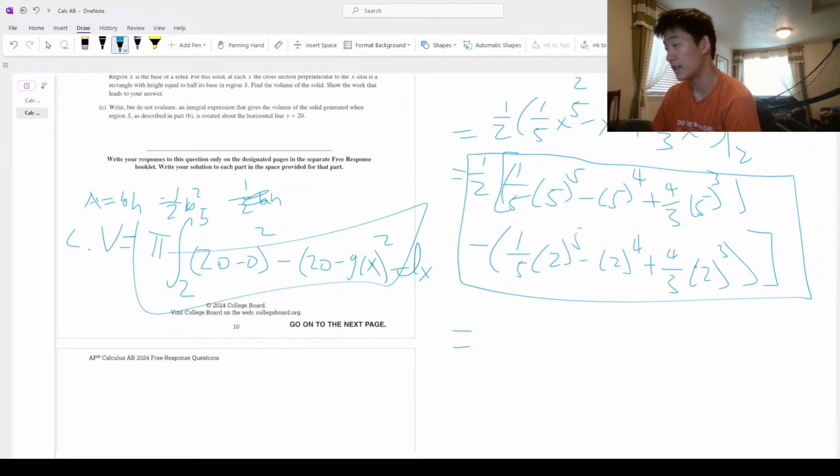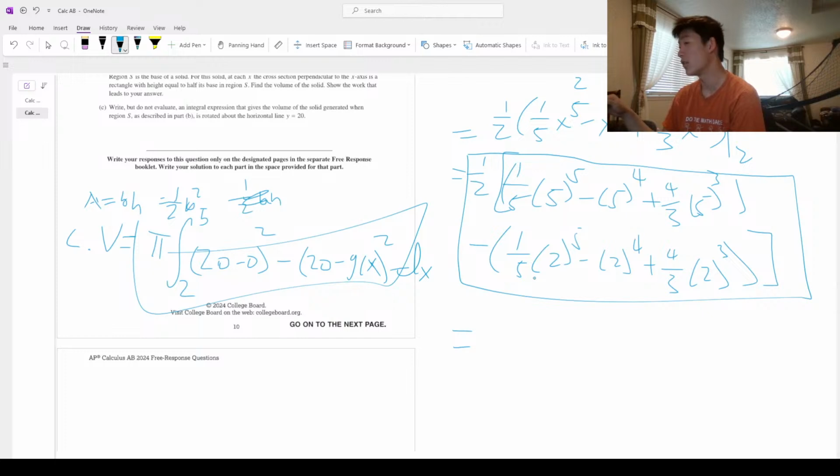500 over 3 minus, okay, 2 cubed is 8, 32 over 3. 500 minus 32 is 468. 468 over 3 is actually an integer, and that integer is equal to 156. So 156, and then we have this part here, 32 over 5, and then this is negative, negative, this is positive. 16 minus 32 over 5 is 80 minus 32 all over 5.